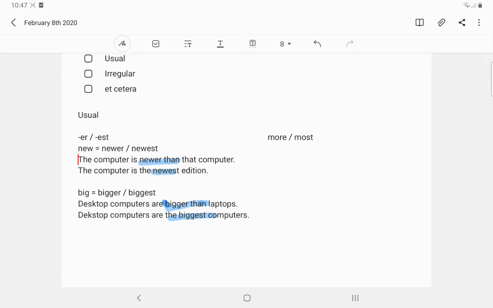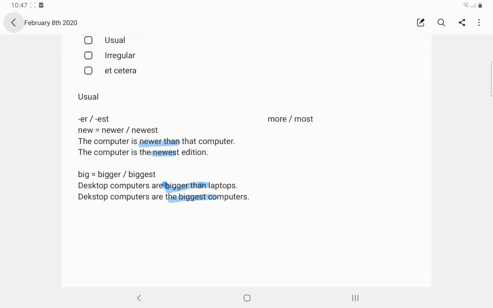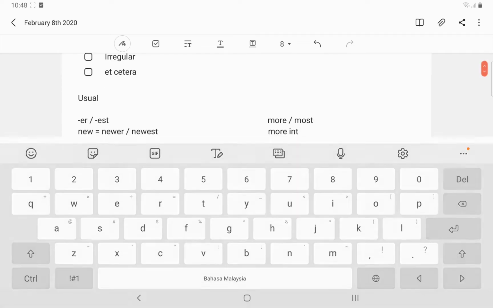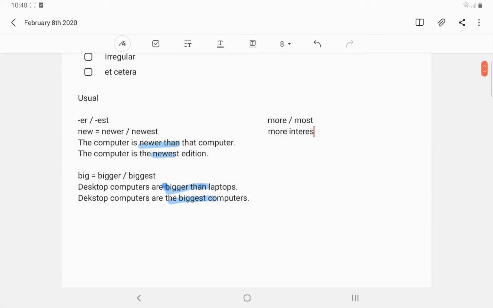So, apa kita ada? More and most, tadi kita ada interesting. So, dia akan jadi more interesting ataupun dia akan jadi the most interesting.